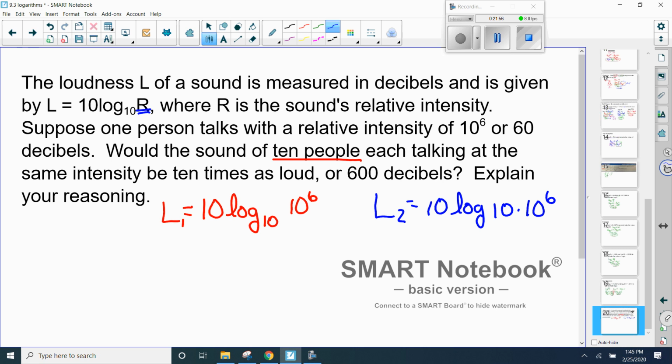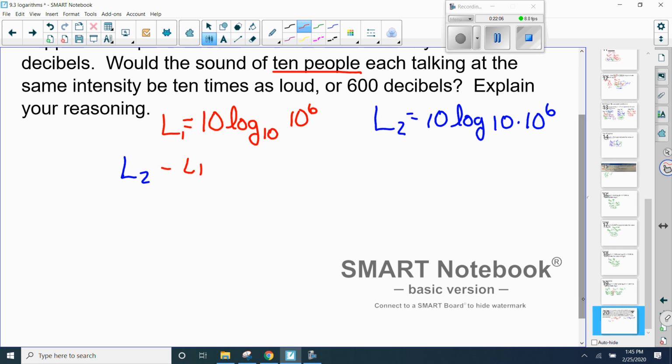Let's work with it. I want to find the difference, right? What's the difference between the two of them? So I want to take loudness 2 and subtract loudness 1 from it. How do I represent loudness 2? 10 log times, what's understood to be there if I don't put it there? 10.